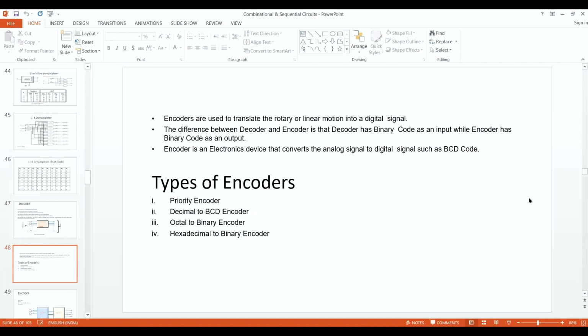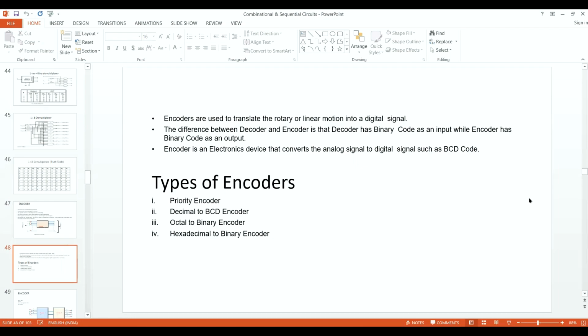We will discuss, right? Encoders are basically used to translate linear motion into a digital signal. I'm again repeating, there is a difference between digital and discrete. Discrete is the original form of signal, whereas digital is a signal as per our convenience.